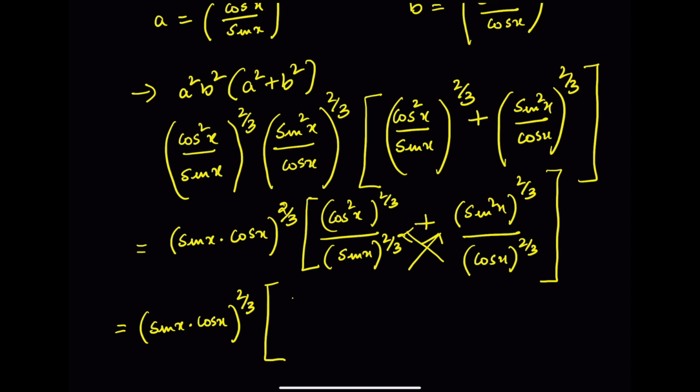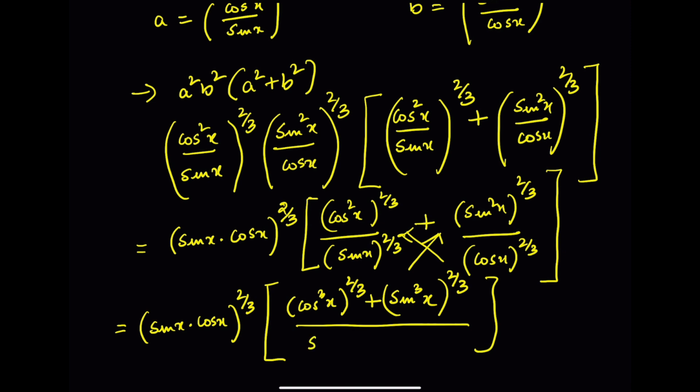So this will change to cos cube x to the power of 2 by 3 plus sin cube x to the power of 2 by 3 divided by sin x to the power of 2 by 3 times cos x to the power of 2 by 3.